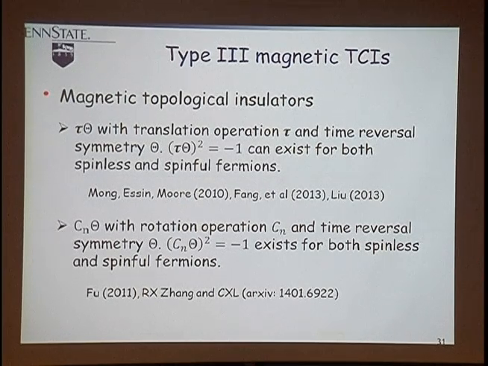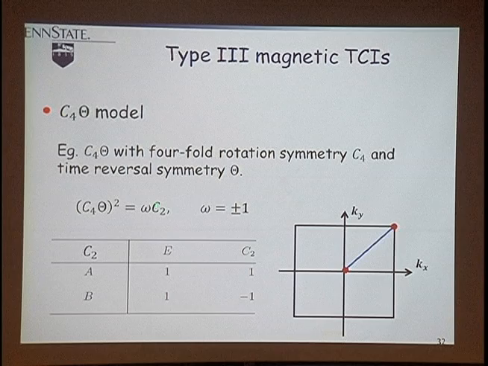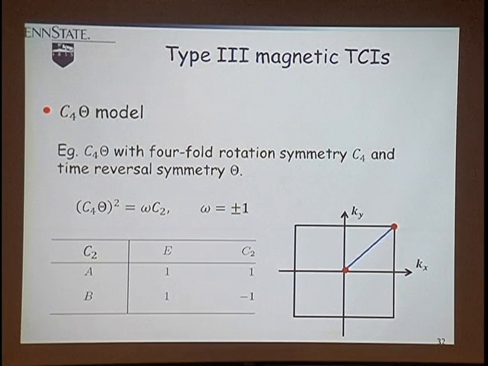Okay, so how many minutes do I have? 5 minutes, okay, thanks. So I will go very quickly. When you take the square, it is equal to C2, with omega being 1 for spinless and -1 for spinful. And if you look at the C2 representation, you have a representation which will give you the -1 for the C2 operation.